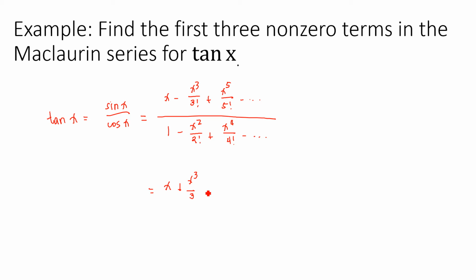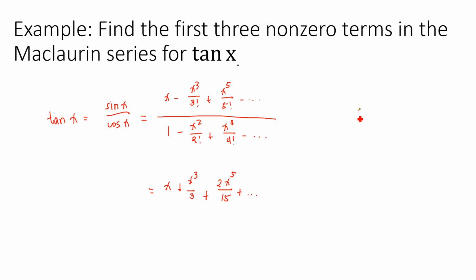Then you have x cubed over 3 divided by 1. Plus 2x to the fifth over 15 plus so on. Just use the long division. Okay. Just something like this one.